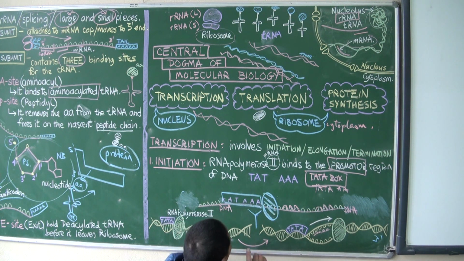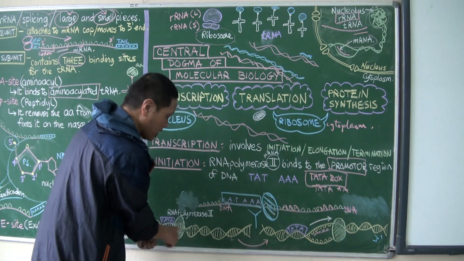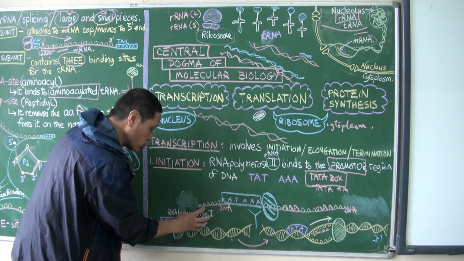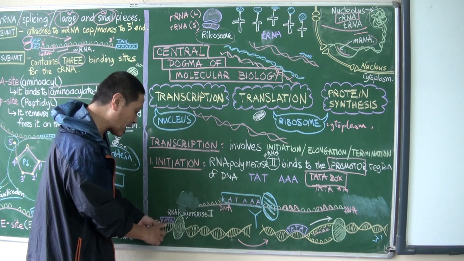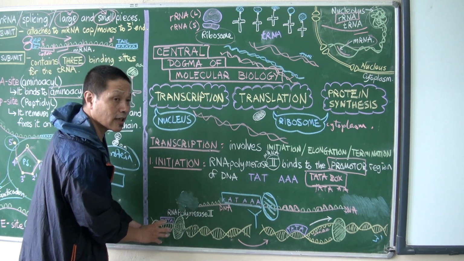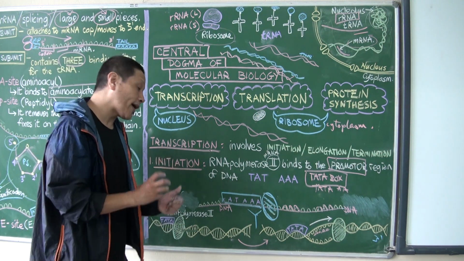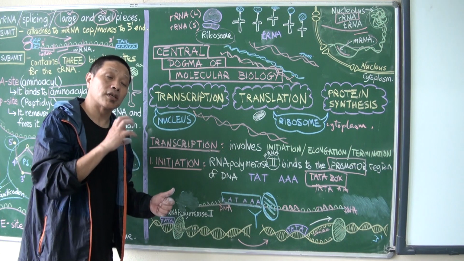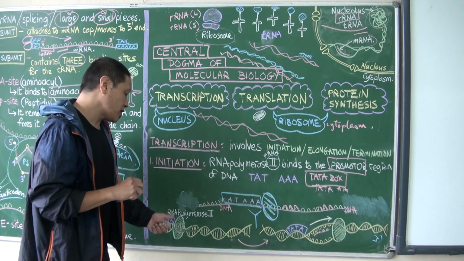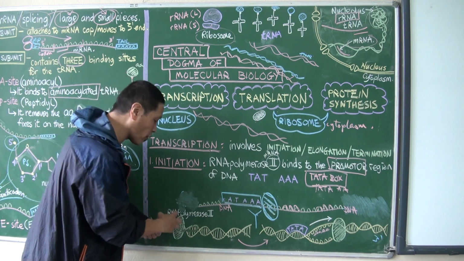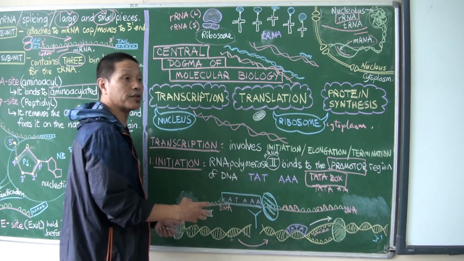Just understand that initiation is the process where RNA polymerase II fixes itself just behind the TATA box. What is the TATA box? It is the promoter. What is the promoter? It is the place which tells the polymerase that the DNA codes from then on need to be copied.